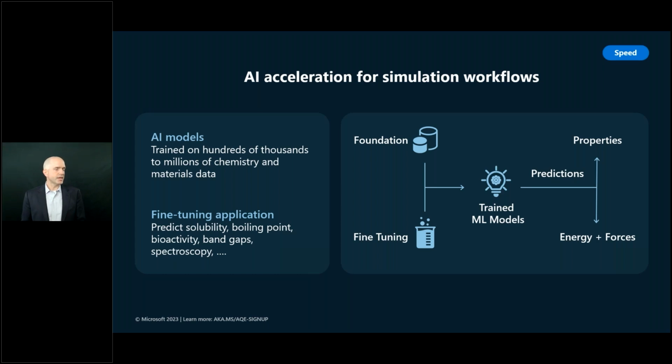We've been using many different kinds of AI models to address different speed challenges in computational chemistry and material science. Some of these models are large-scale transformer models that have been trained on a huge amount, hundreds of millions of quantum chemistry data points, and then fine-tuned on experimental data to become particularly good at predicting, say, molecular properties.